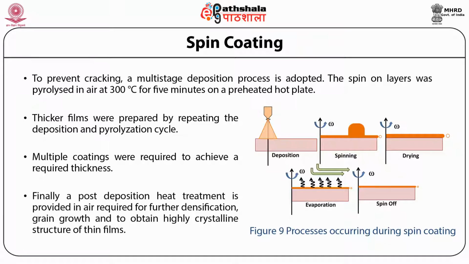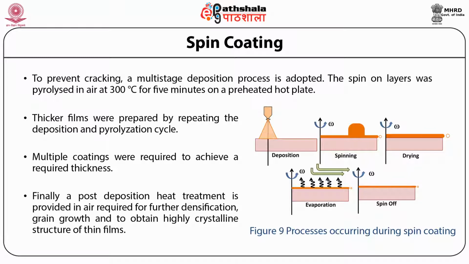Finally, a post-deposition heat treatment in air is required for further densification, grain growth, and to obtain a highly crystalline structure of thin films. The figure given here shows the process which occurs during the spin coating technique.